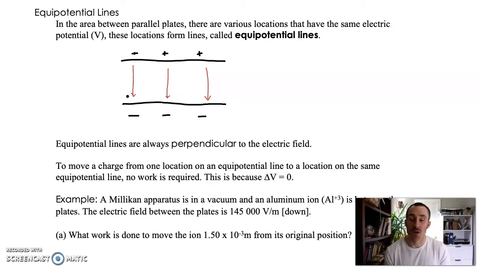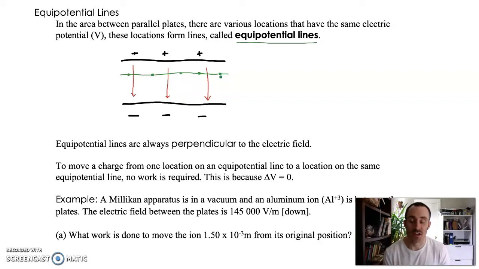Okay, so let's draw another line right over here, parallel to both plates. This line would be called an equipotential line. That means that any position on this line is going to have the same potential. It doesn't matter that you're moving laterally.